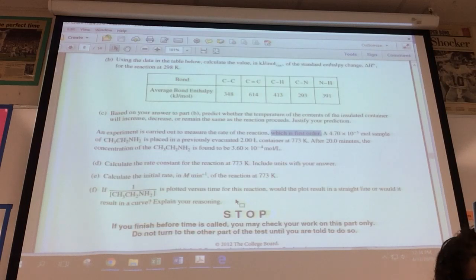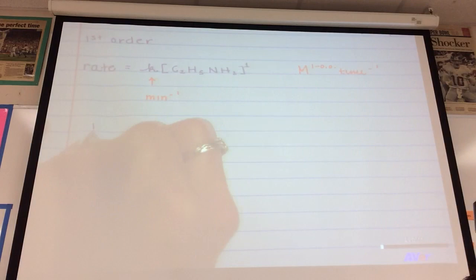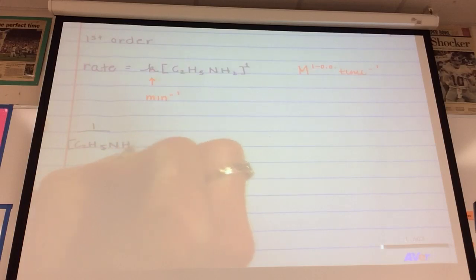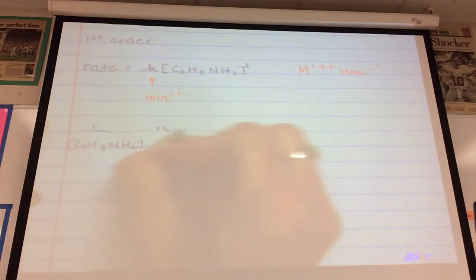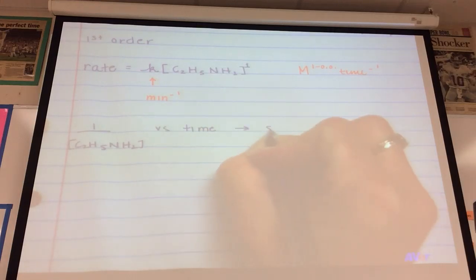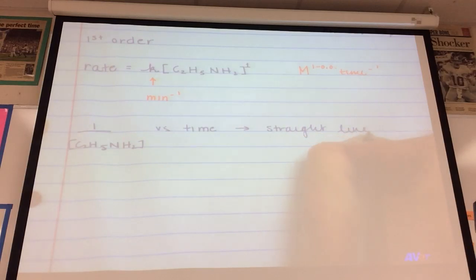Well, you know it's first order. So therefore it's not straight, right? Why? So they're saying, would 1 over the concentration of ethylamine versus time yield a straight line plot or a curve?